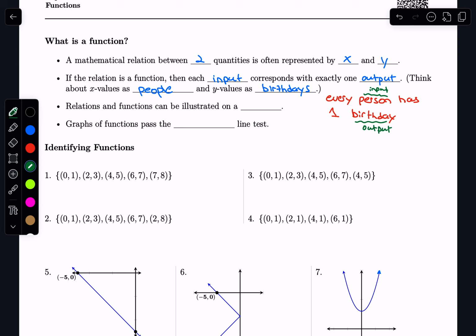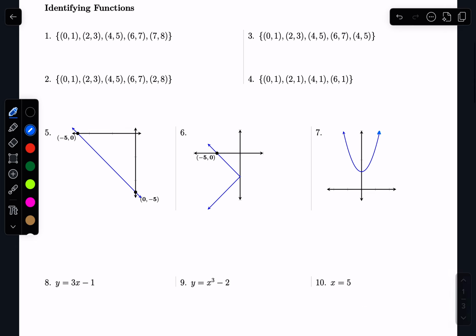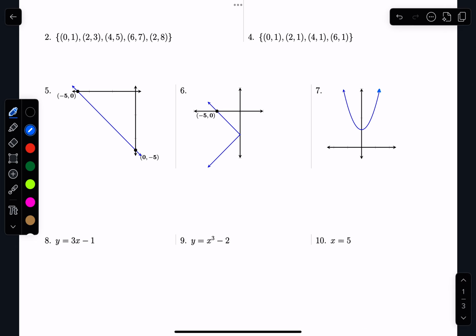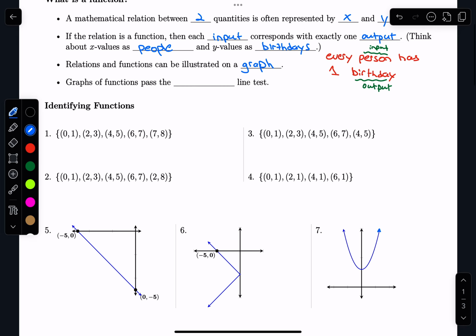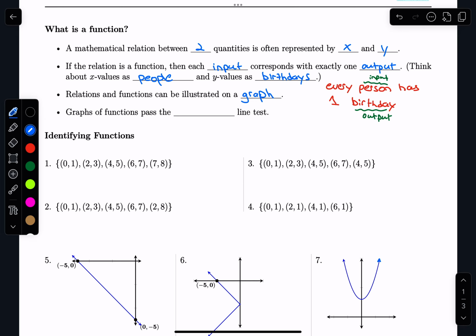All right, so now relations and functions can be illustrated using a graph. Sometimes we will see them the way number 1 through 4 look, where we're just seeing a bunch of coordinates. And then 5 through 7, we're going to see graphs. And then down below that, for 8 through 10, we're going to see them as equations or rules. But what we're about to be doing is test if these are functions or not.